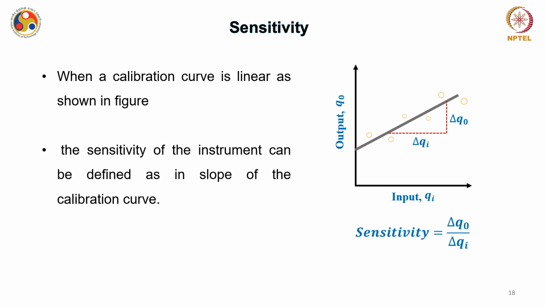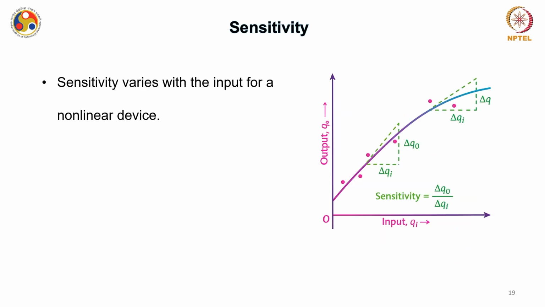If the output is q naught and input is q i, the change for two different points, in the output it is del q naught and for input it is del q i, the sensitivity is defined as del q naught by del q i, which is basically the slope of the calibration curve.